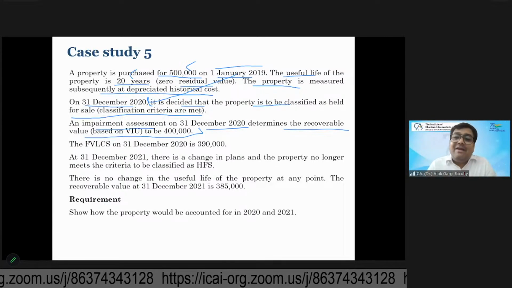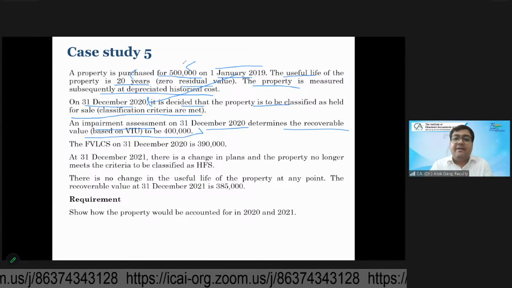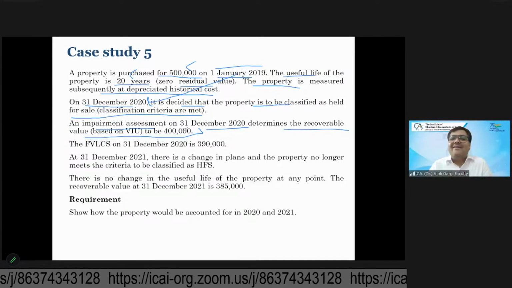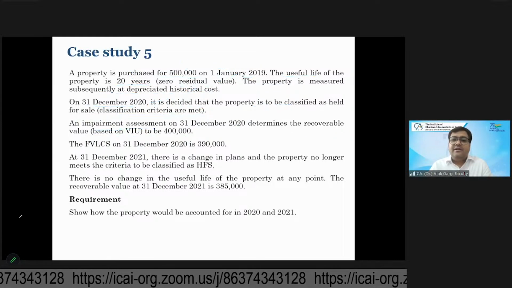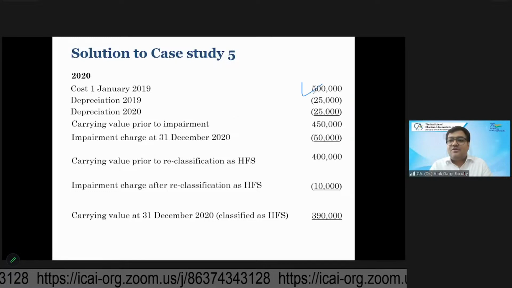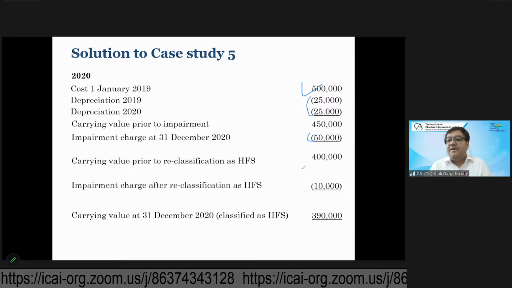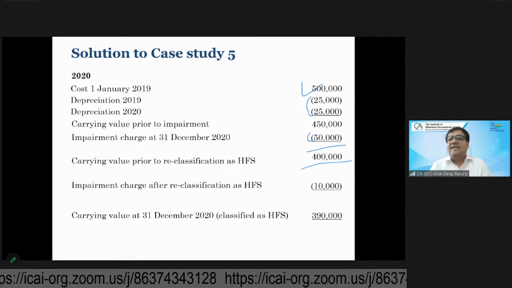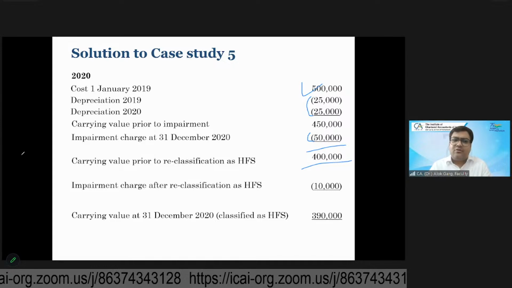What is my carrying value on 31st December 2020? It is 4 lakh. Correct? 5 lakh is cost, 50,000 is accumulated depreciation, 50,000 is impairment. My step number one carrying value is 4 lakh. You remember we have just done this calculation also in the last question.